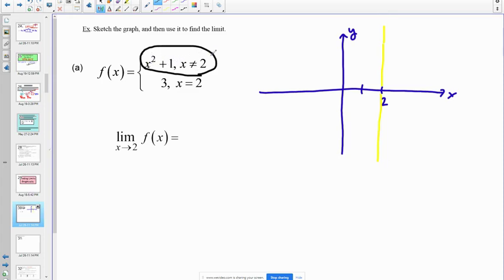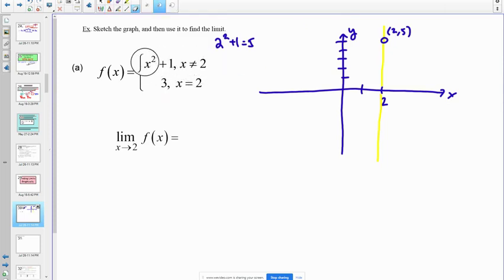I always plot this at the breakpoint. So I'm going to put the breakpoint in here. That would be 2 squared plus 1, which is 5. So at 2, 1, 2, 3, 4, 5, I'm going to plot this point 2, 5. It's an open circle because it's actually not equal at 2.